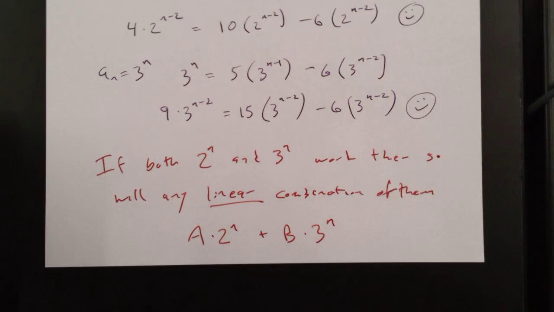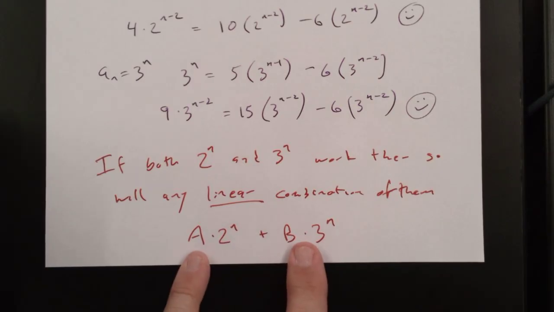Once I have these two basic characteristic roots, I can combine them. A multiple of the first one plus a multiple of the second one, and it'll still work. And the reason that is true is because my equation was linear, and I'm making a linear combination. So I'm going to call this expression my general solution.